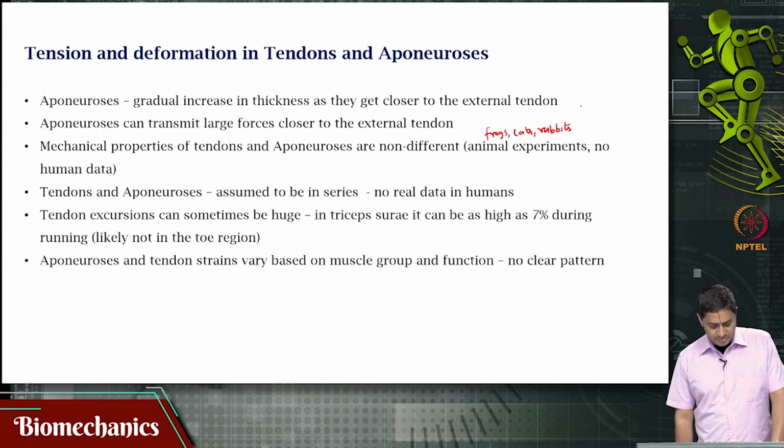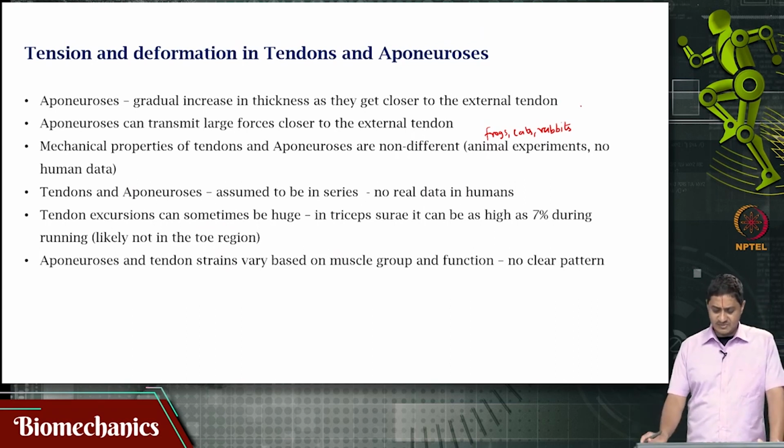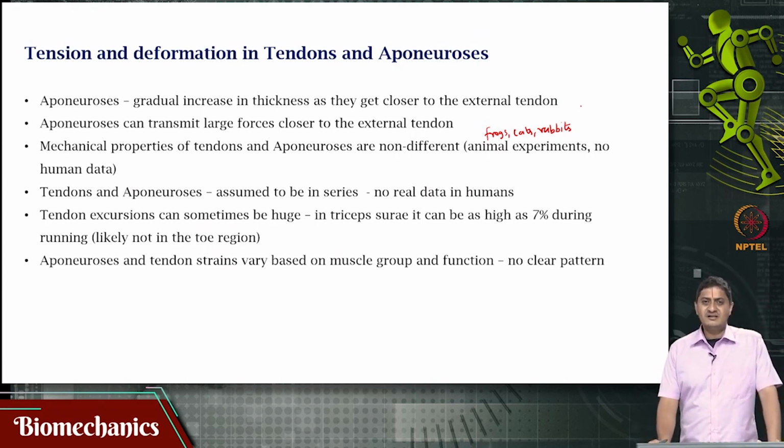But people have performed some experiments where they tested if the tendons and aponeurosis behave as if they are in series, and based on that, there is some evidence to suggest that they are indeed in series, they behave as if they are in series. Of course, these are animal experiments, not human experiments, but you can try to see if you can generalize this. Usually these are generalizable.